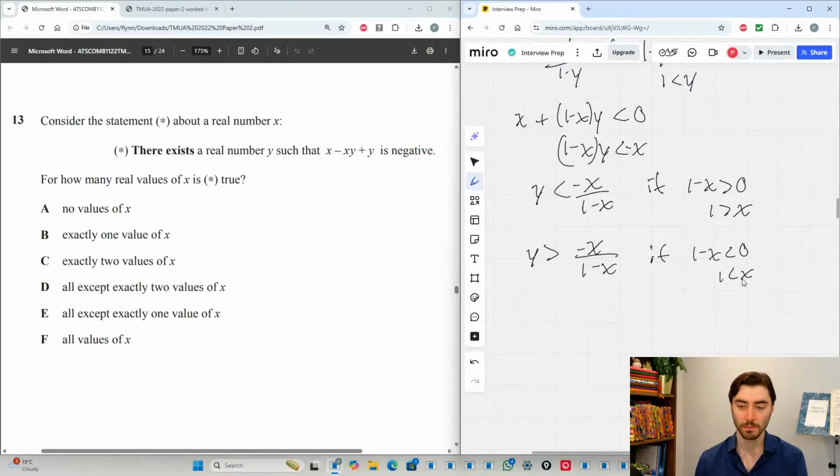For all x's bigger than 1, I can calculate this quantity, pick a y bigger than that, and the equation will work. So then the only thing I need to consider is when x equals 1, and then I need to consider the quantity 1 minus y plus y, which is obviously just equal to 1, which is clearly not negative.